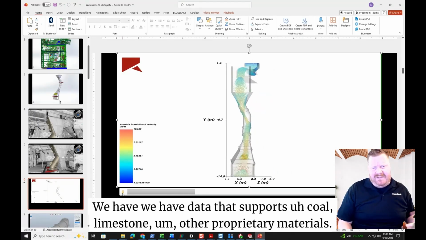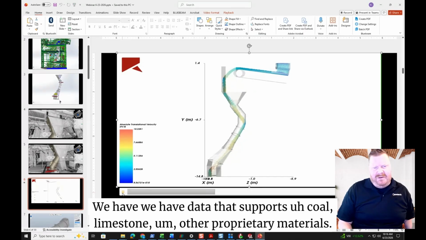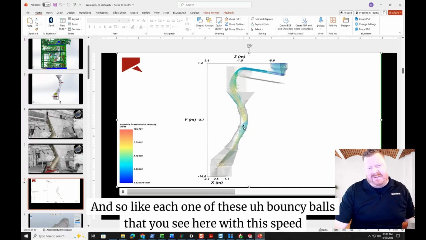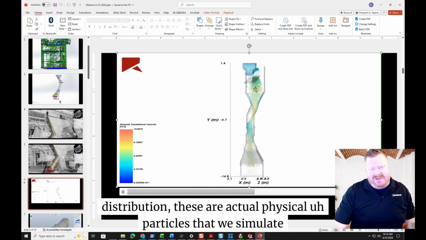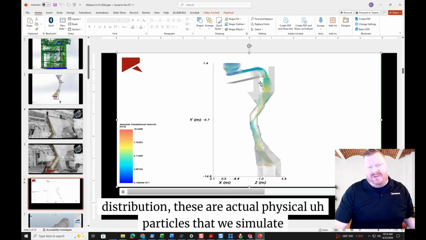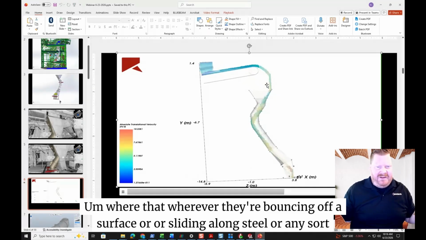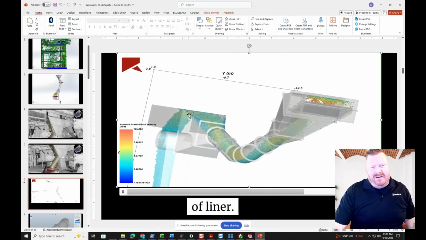We have data that supports coal, limestone, other proprietary materials, and each one of these bouncy balls that you see here with this speed distribution, these are actual physical particles that we simulate wherever they're bouncing off a surface or sliding along steel or any sort of liner.